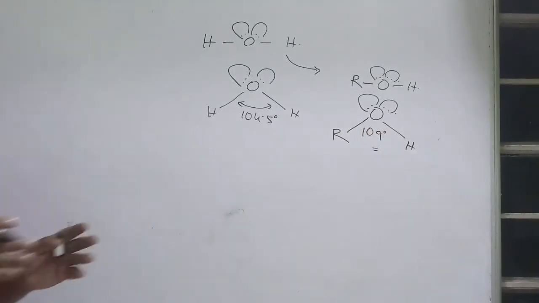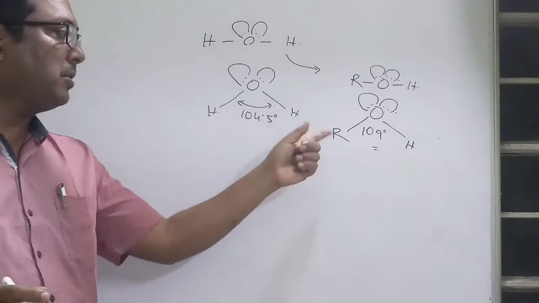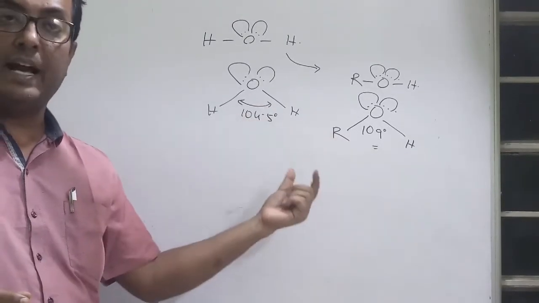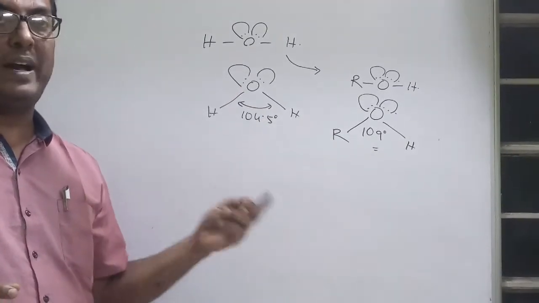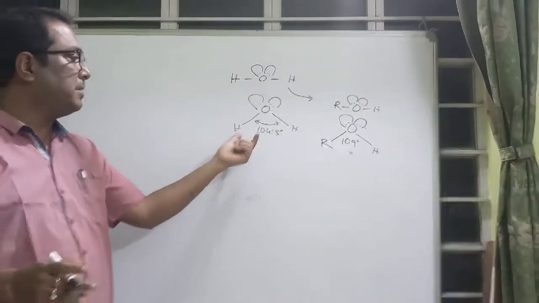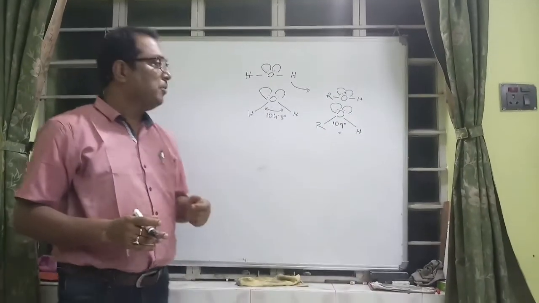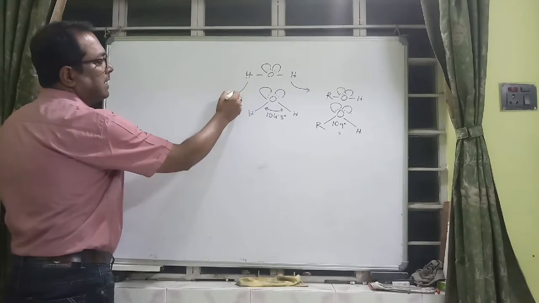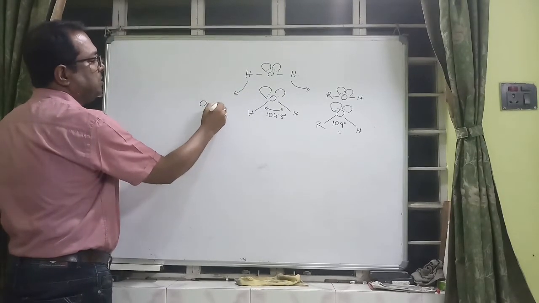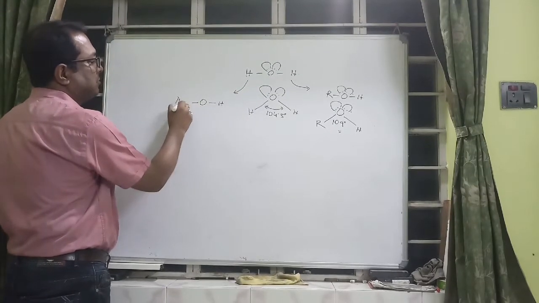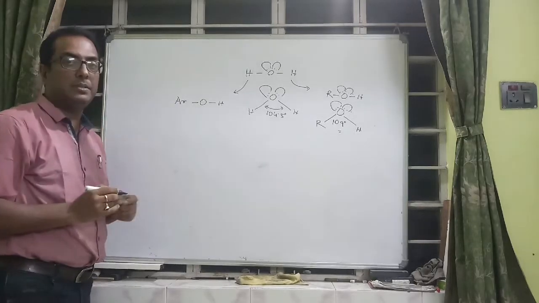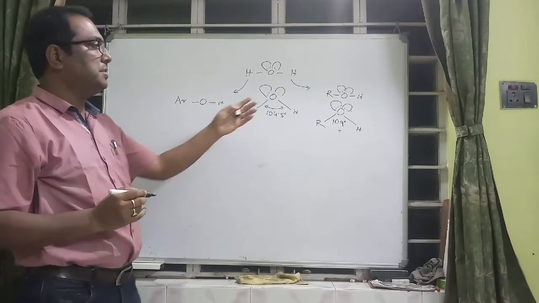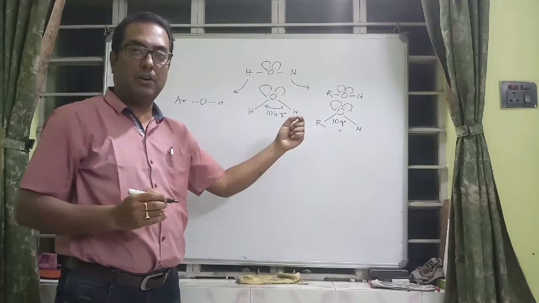So this is how it differs, but it depends upon the R, whether you are taking methyl, ethyl, propyl and so on, but it will be more than that of water. When you take the other derivative of water, with an aromatic hydrocarbon, it is called phenol, and this is what we call alcohol.